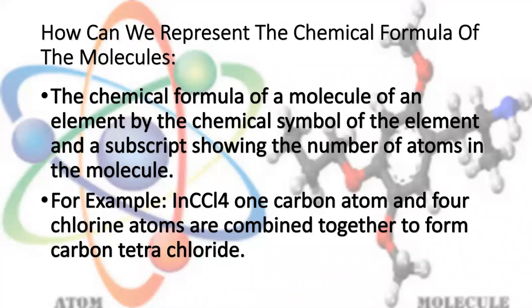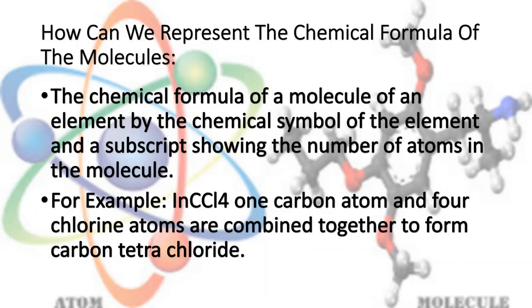Now, how can we represent the chemical formula of a molecule? You know what a chemical formula is? A chemical formula of a substance shows how many atoms and which kinds of atoms are taking part in that substance.